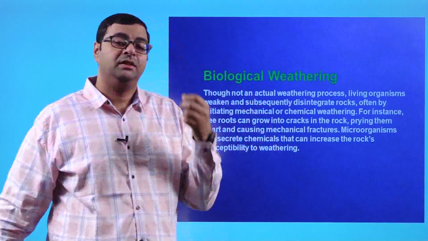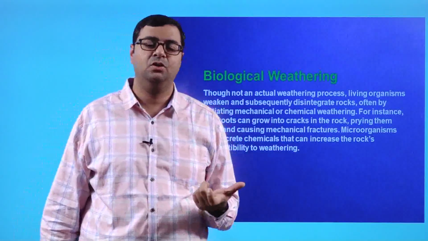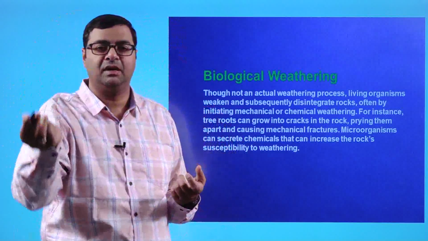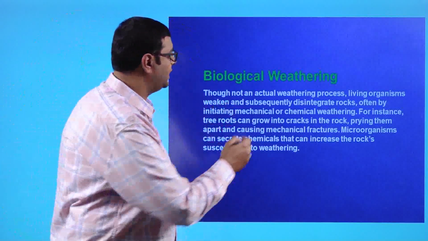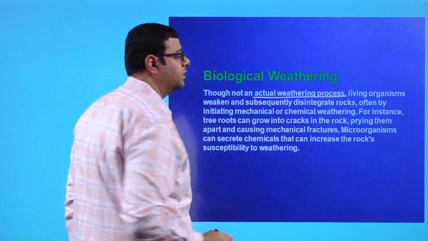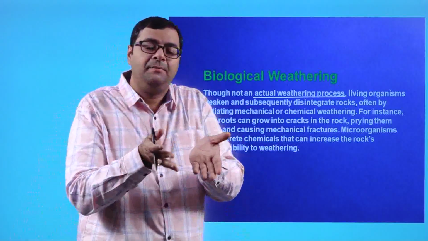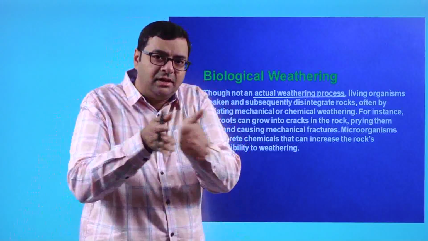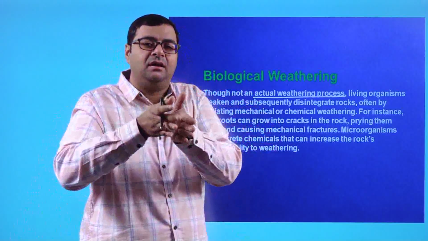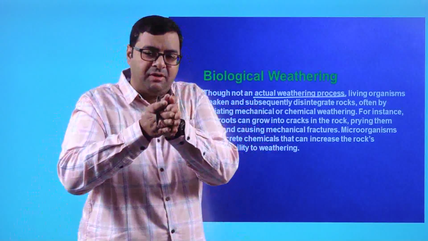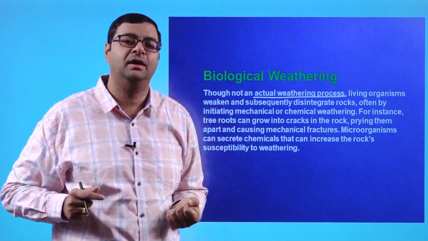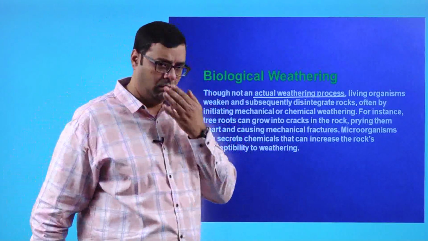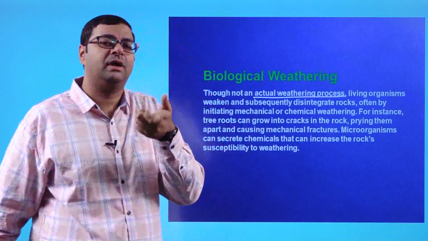Okay, now the plant has to grip somewhere. So it will take the grip from the crevices which have already been formed. That is why we said it is not an actual weathering process. It is actually making the plant survive in that particular crevice.